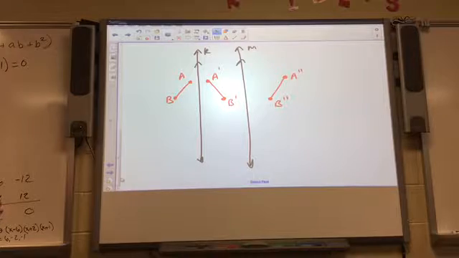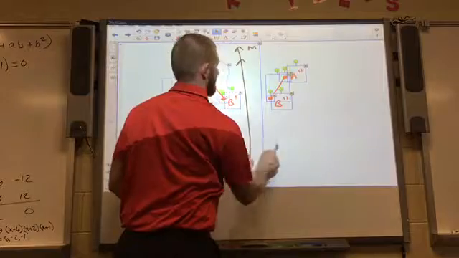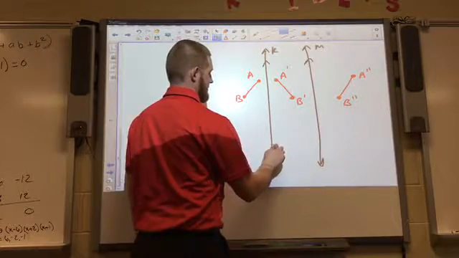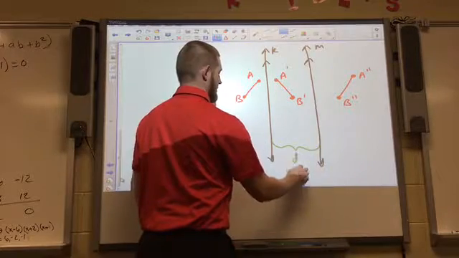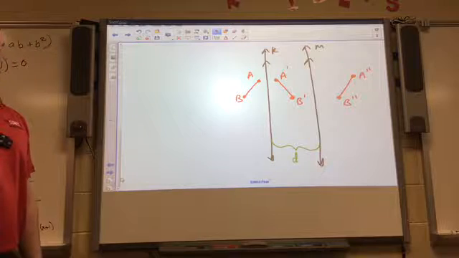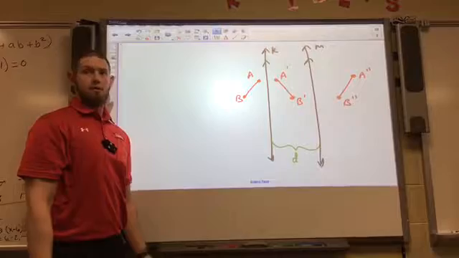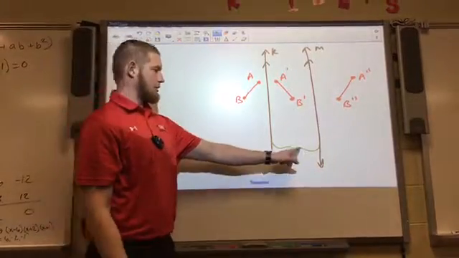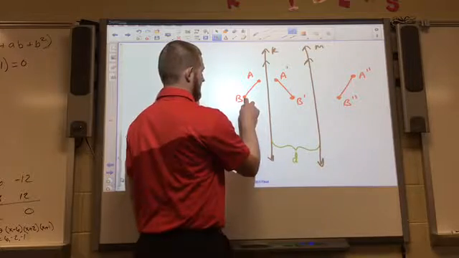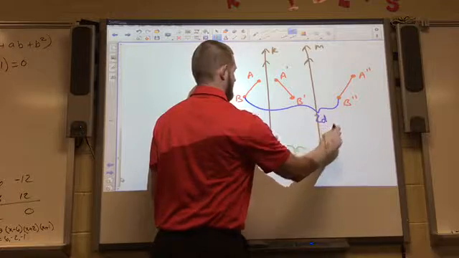Now, there's more information to this than just that little bit. They also tell us that if the distance here is d, so that's the distance, what? In between my parallel lines. If the distance between my parallel lines is d, then the distance that I translated from B to B double prime is 2d.